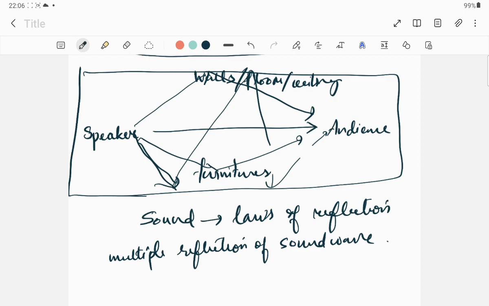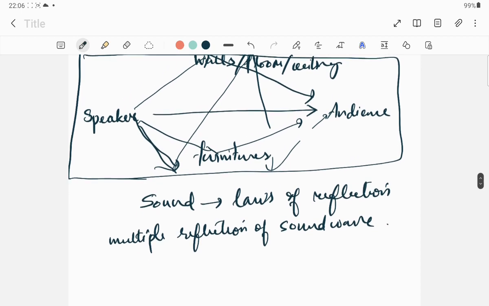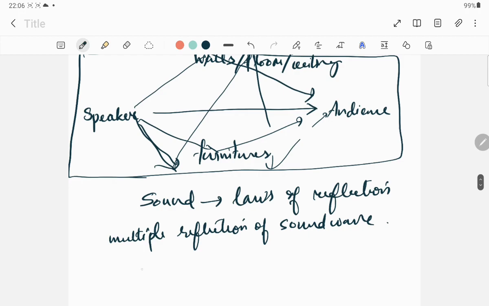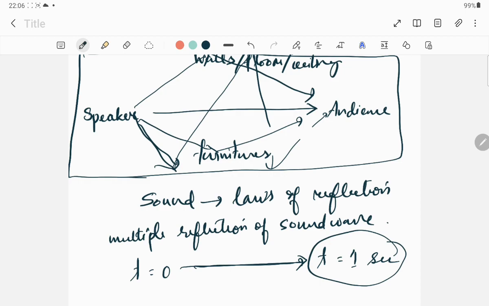There may be thousands of reflections per second. So as a result, what happens? When the speaker says something at t equal to 0, this sound, whatever tone is created by the speaker, should have gone by the time it becomes t equal to 1 second. But because of the multiple reflections of the sound wave, the sound doesn't exactly go away.